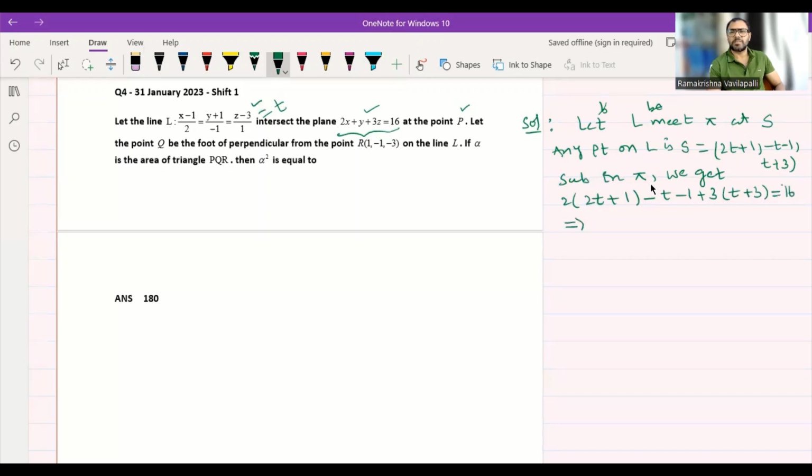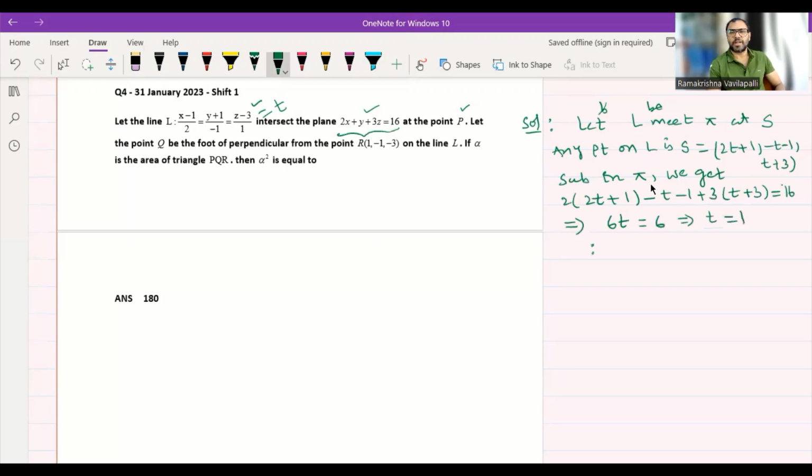So this gives us 4t and 3t, 7t, and 1 minus t, so total is 6t. Here plus 2 and plus 9, 11. 11 minus 1, 10. 16 minus 10 is nothing but 6. So we get t value is 1.